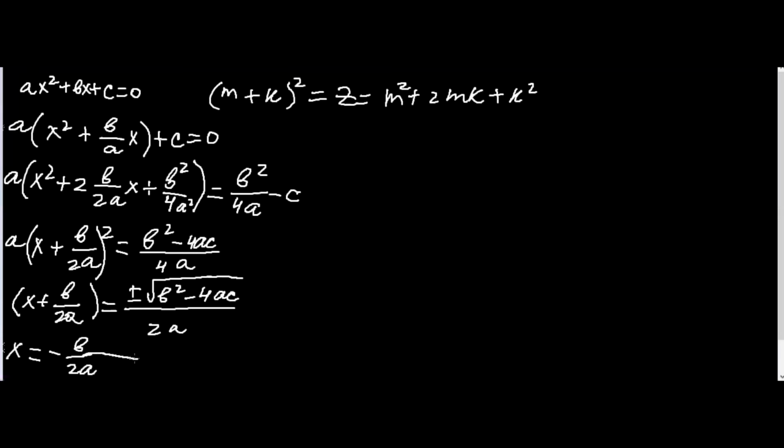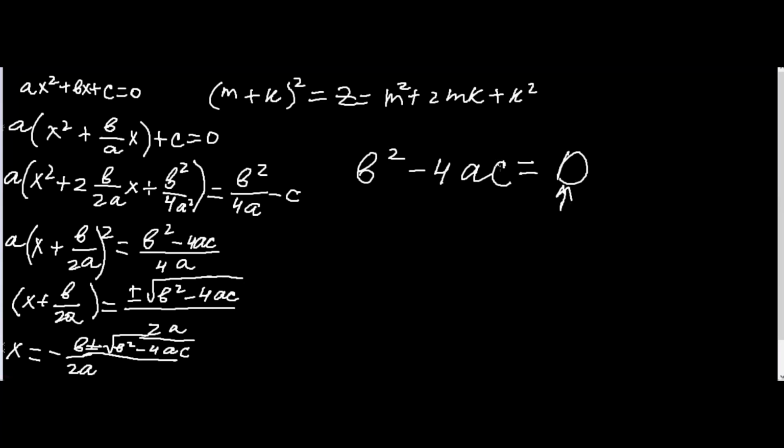Let me just expand this one, plus minus square root of b squared minus 4ac. So we say b squared minus 4ac equals D. So it is the discriminant.